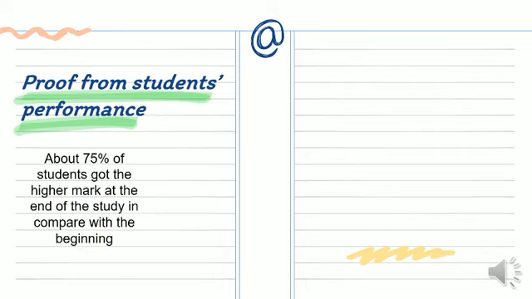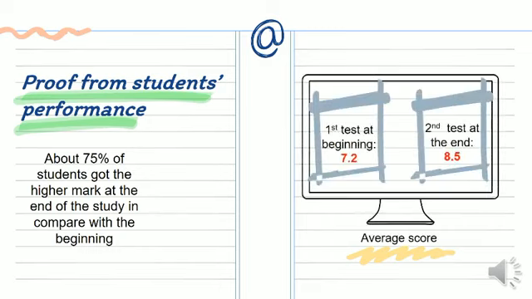For example, about 75% of students got a higher mark at the end of the study in comparison with the beginning. The average score for the first test, given at the beginning of the study, is 7.2, but the average score in the second test, given at the end of the study, is 8.5.